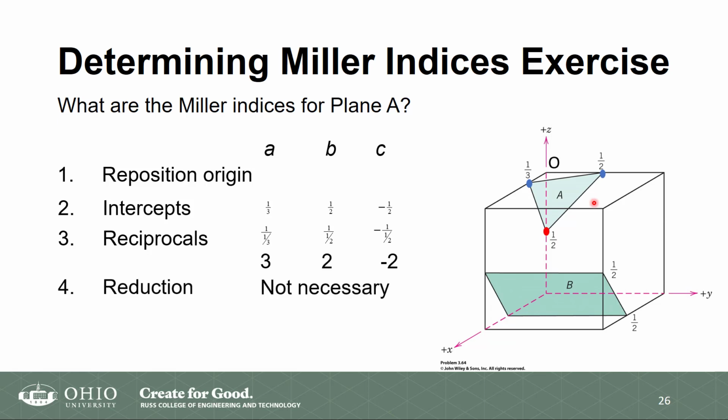And then we see if we need to reduce, which we don't. And finally, we enclose those in parentheses. And so we get (3, 2, 2 with an over bar). And so those will be the Miller indices for this particular plane. At this point, again, I will encourage you to do as many examples as possible because visualization can be tricky.